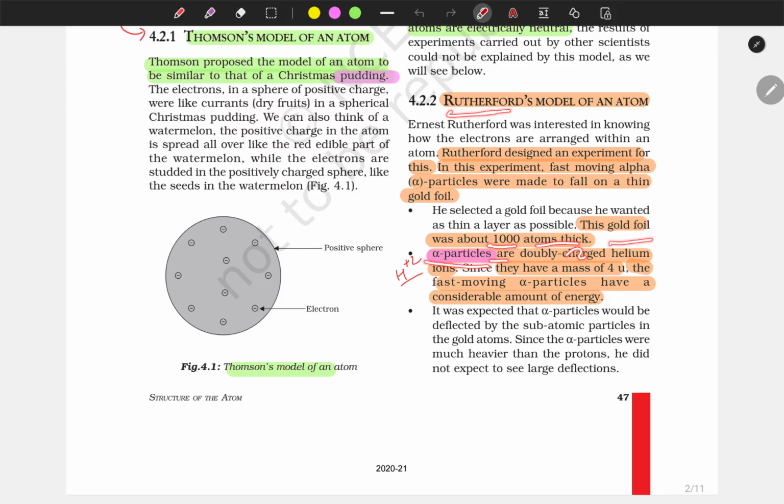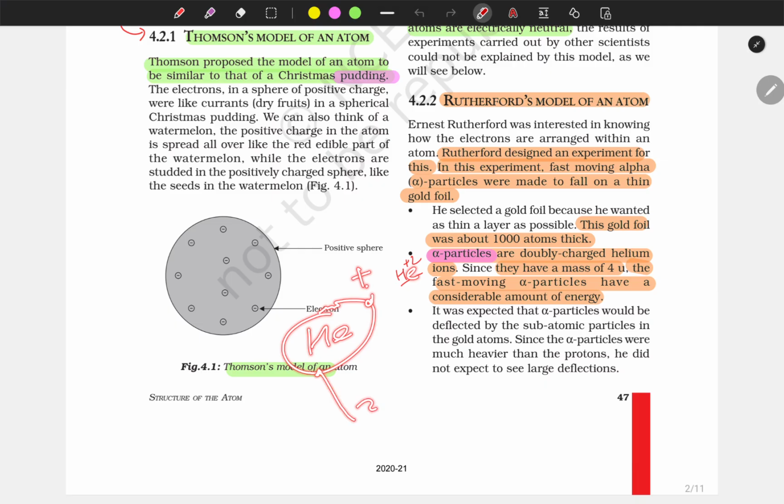Alpha particles are doubly charged helium ions. They have a mass of 4 u, atomic mass units. The fast-moving alpha particles have a considerable amount of energy. So an alpha particle is just He, helium with a positive charge. Helium has atomic number 2, so it has 2 electrons orbiting around it.